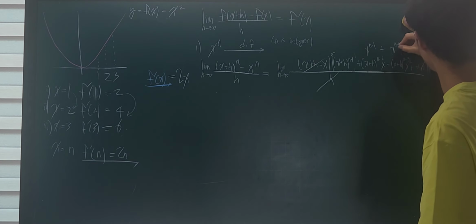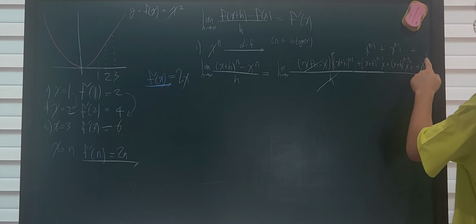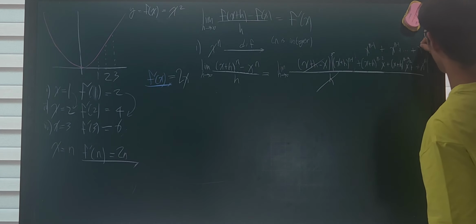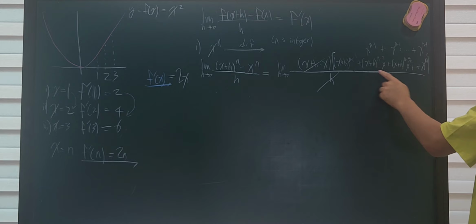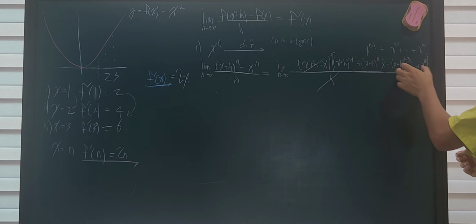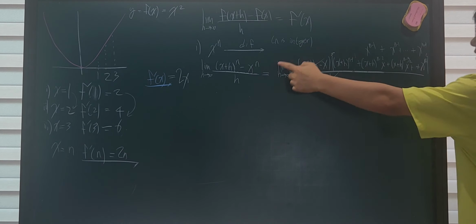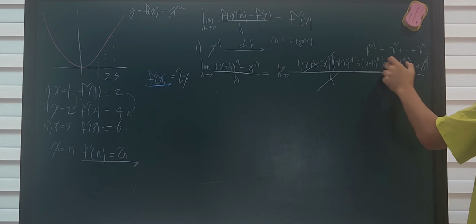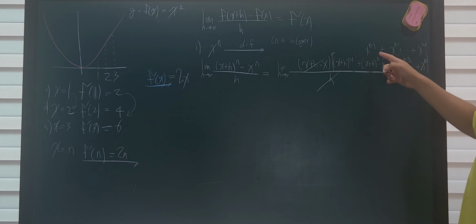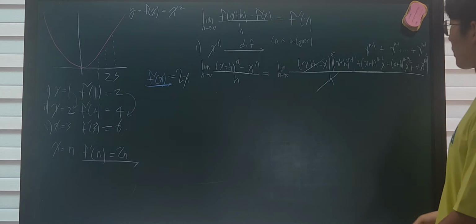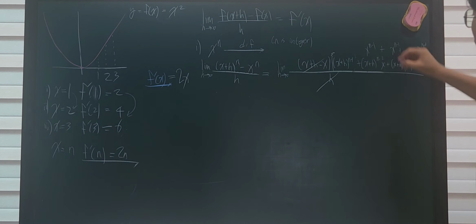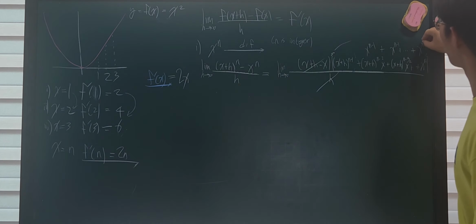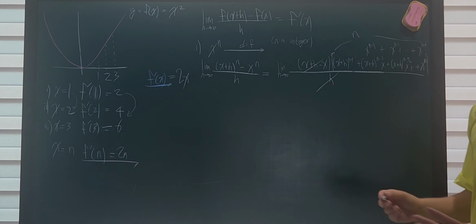And if you keep adding these, the last term you get is x to the power of n minus 1 also. So you can see that all of the individual small factors formed in the middle by expanding this are equal to x to the power of n minus 1. So how many of these are formed? Well, if you calculate it, n of these are formed.